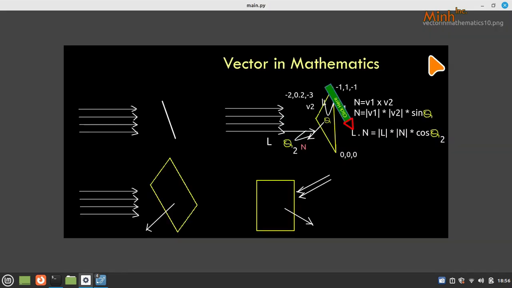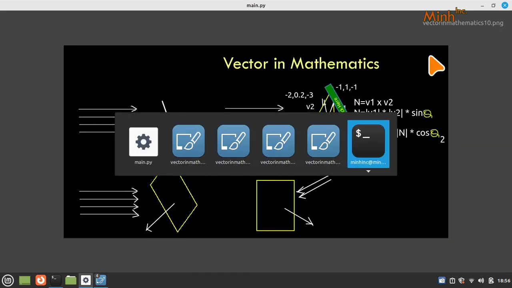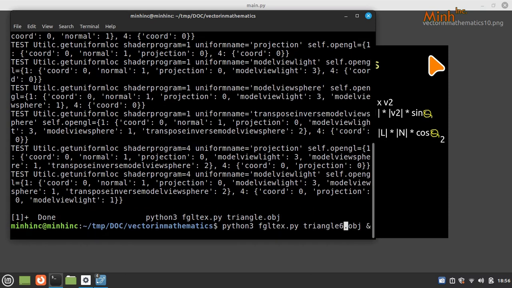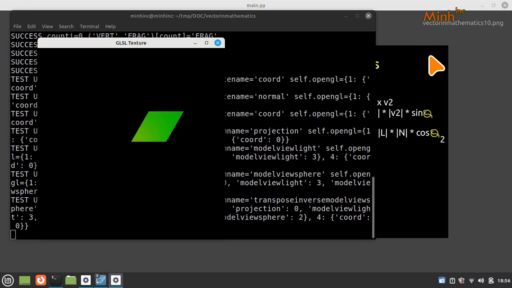Okay, so now we'll see the change in brightness. Now I'll bring 60 degree. Is it better?